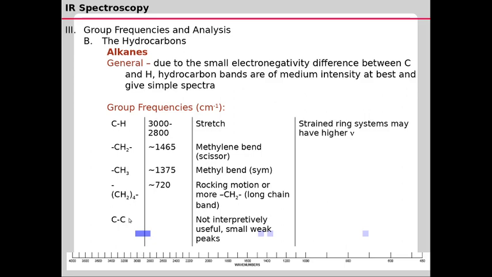And the carbon-carbon single bond, as we said earlier, is not much of a polar bond between carbon and carbon. So the symmetric stretching vibration of this one does not give a discernible or visible intense peak. So this is not of great use for getting molecular structure information.